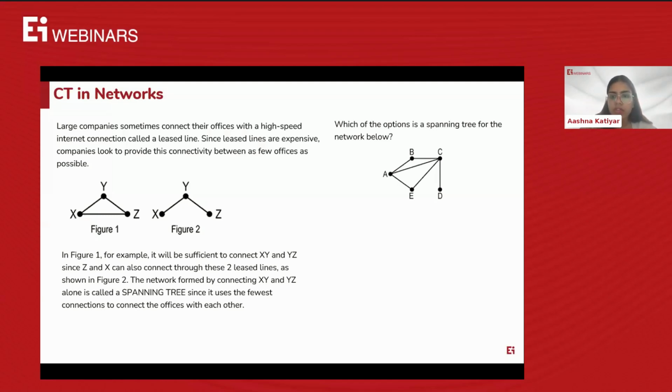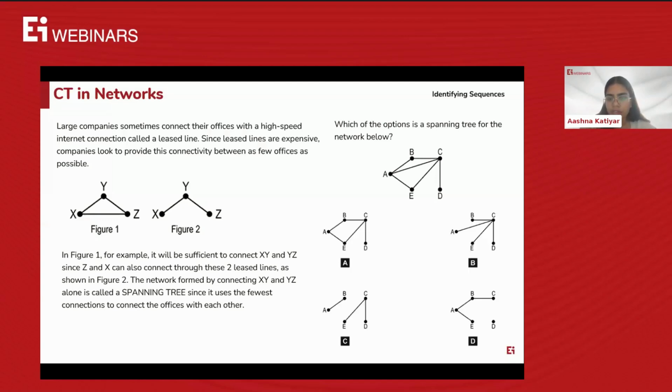So in this question, which of the options is a spanning tree for the network below? So we have this network here, and what do you think is the spanning tree for this connection?